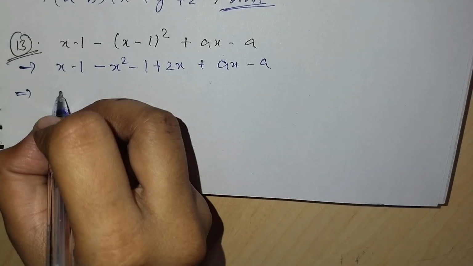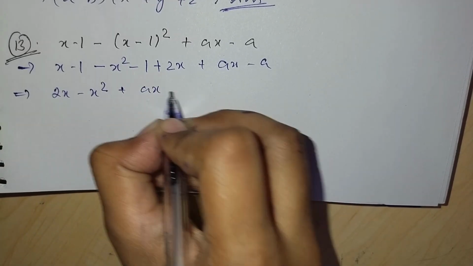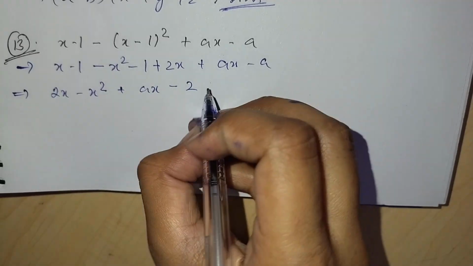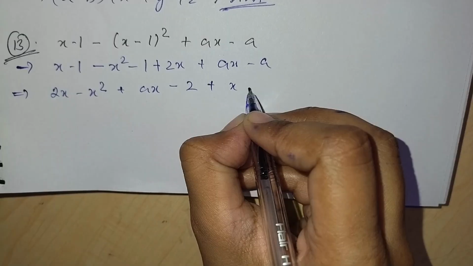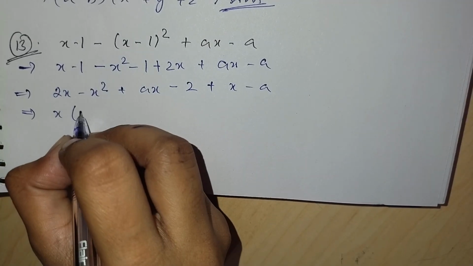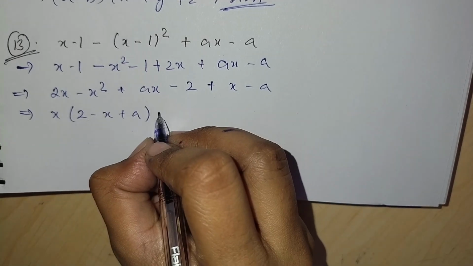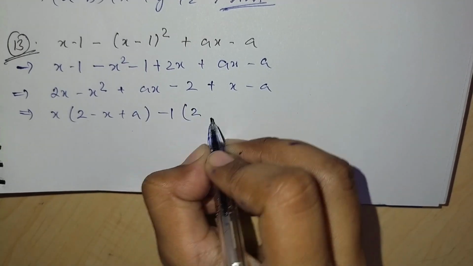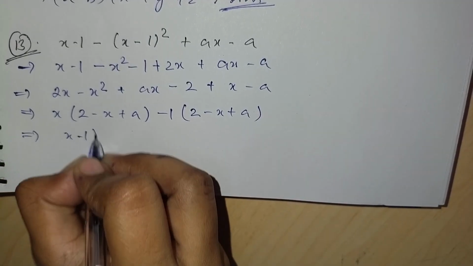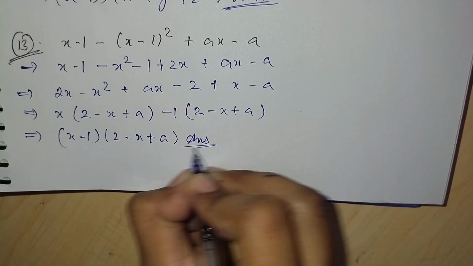Here we can rearrange it as 2x minus x square plus ax minus 2, because we will add this 2, and plus x minus a. Here we will take common x, so 2 minus x plus a. Here we will take common minus 1, we will get 2 minus x plus a. We can write it in the form x minus 1, 2 minus x plus a as the answer in this question.